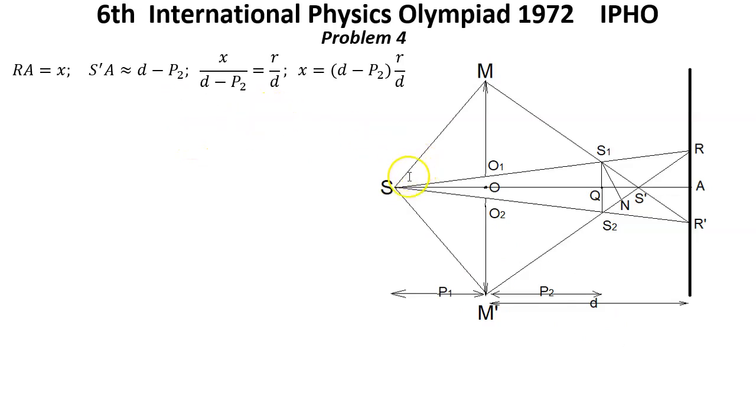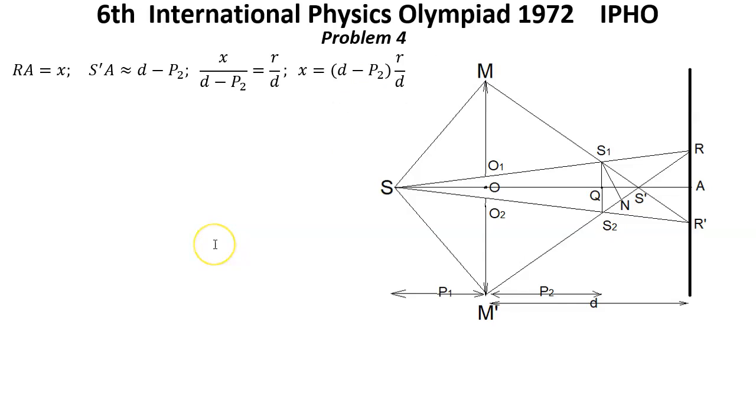And from this triangle SRA compared to triangle S prime Q, we have x over D minus P2 equal R over D. And finally, distance x from R to A equals D minus P2 multiplied by R over D.